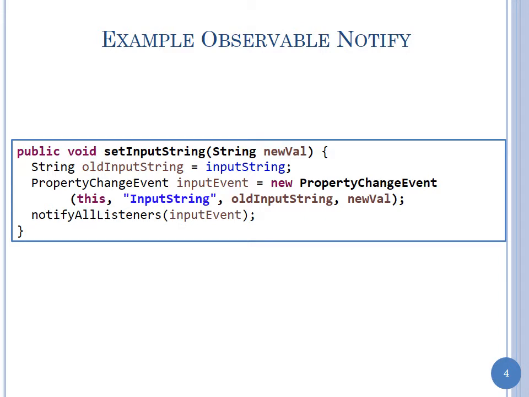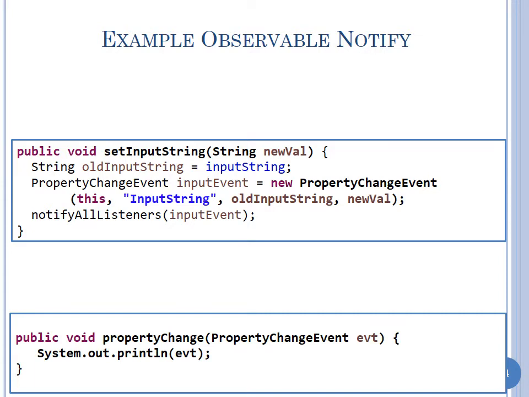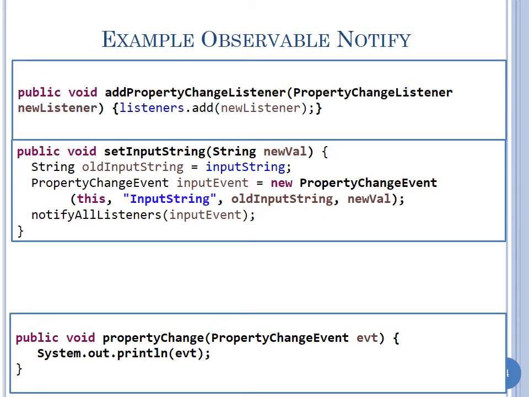What does notifying all listeners really mean? It means calling a particular method in each listener or in each observer, and that method could be simple or it could be complex. In your assignment 1, it was a very simple method that just printed out the event it got. How did the observable know about the observers? It defined an observer registration method, which could have any syntax, and in our example, it's add property change listener.